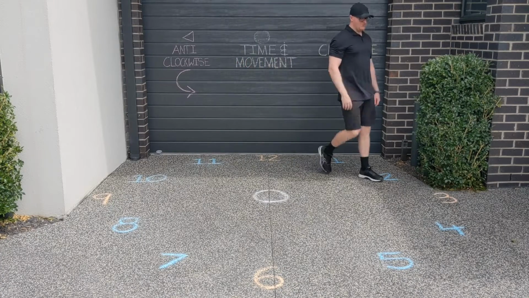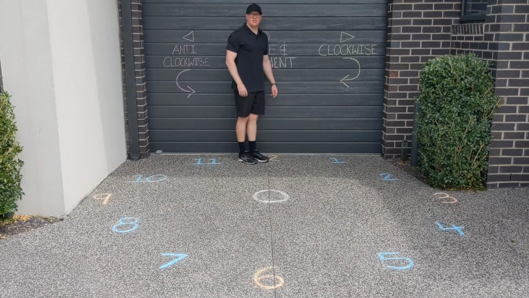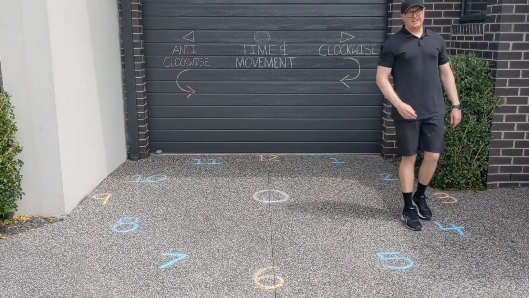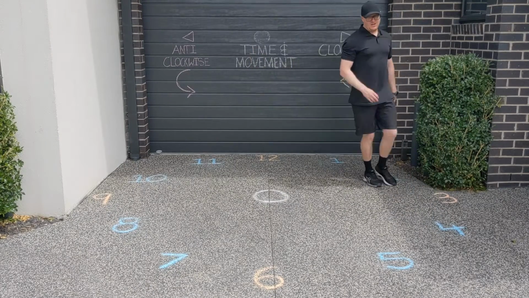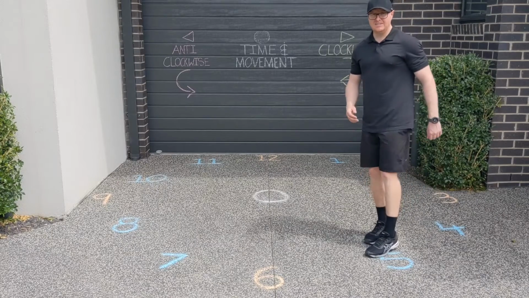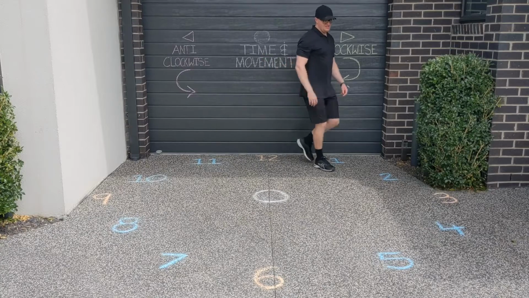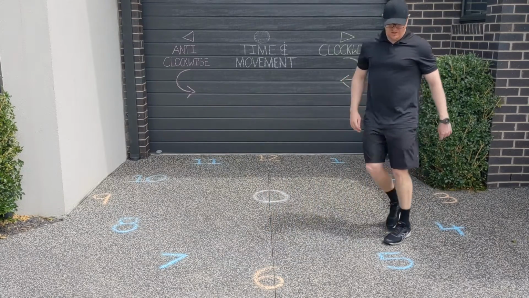So I walk to 3 o'clock, have to walk all the way back to 12 o'clock going anti-clockwise. Clockwise to 4 o'clock, anti-clockwise all the way back. Clockwise to 5 o'clock, anti-clockwise all the way back. Clockwise to 6 o'clock, and anti-clockwise all the way back.